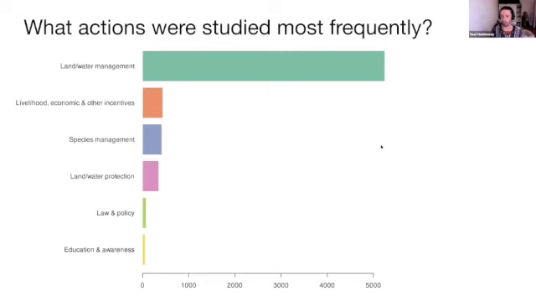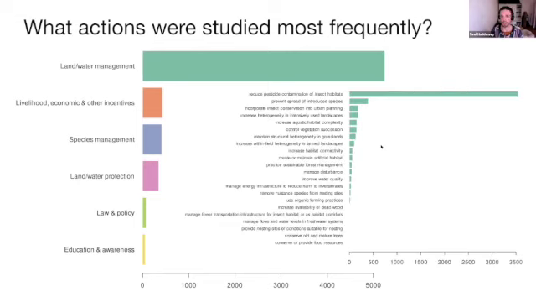And I'll run through each of those one by one. So for land and water management, you can see that there was a huge amount of research on pesticide reduction. So a lot of the research that we found was around not using pesticides and the benefit that that would have on insects. But there's still a large amount of work on other management activities.